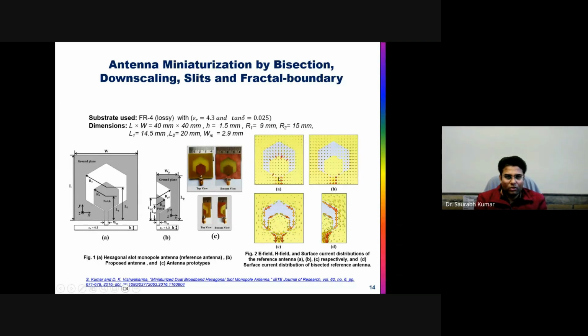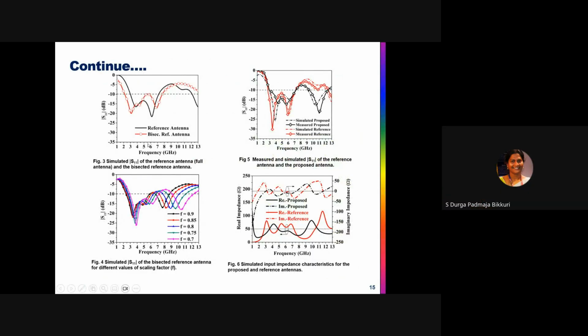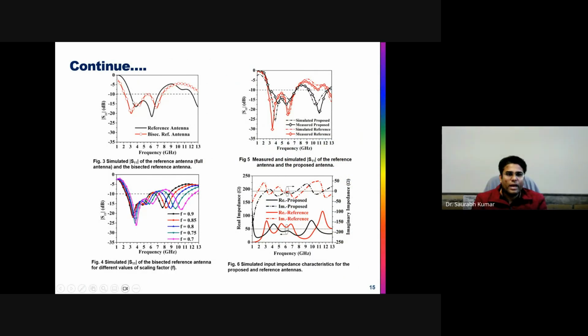Okay, sir. Now, as the resonance is coming at the lower frequency, if someone is able to reduce the size of the antenna, again the down scaling of the antenna, this resonance can be upshifted. Obviously, if the size of the antenna is reduced, then the resonance will shift to the higher frequency to match the original reference antenna.